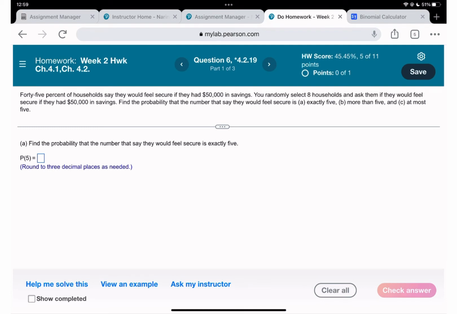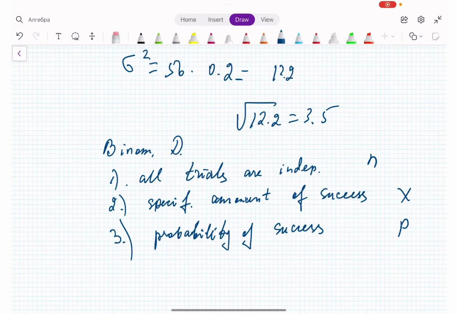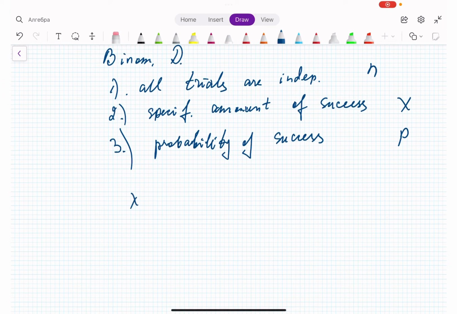Okay, so here we are going to use the binomial calculator. Let's write down: X is the number who say they would feel secure, exactly 5. X is equal to 5.